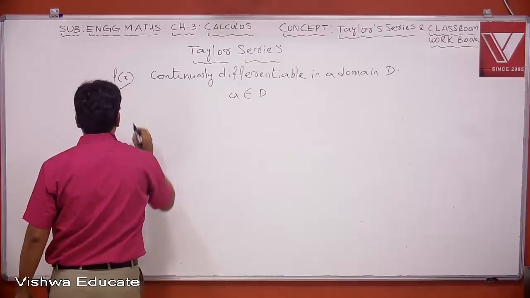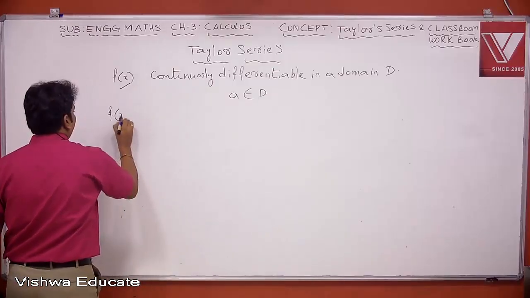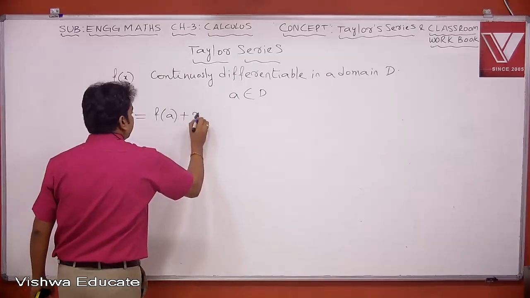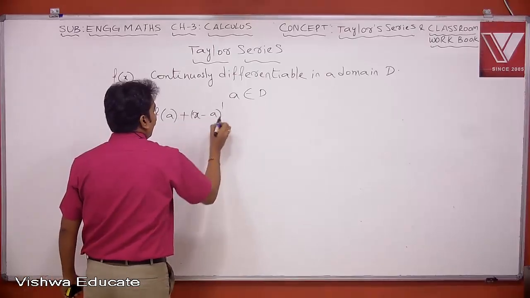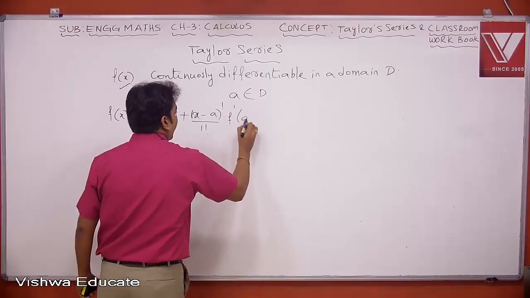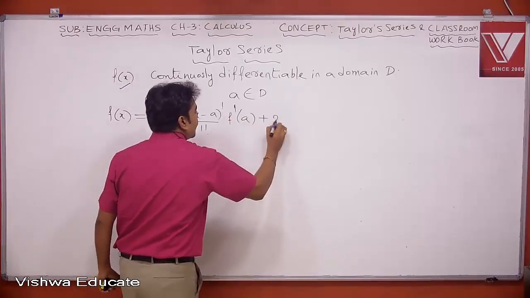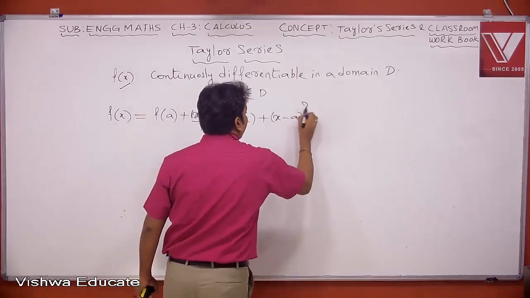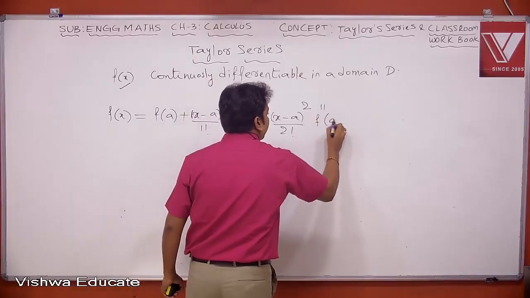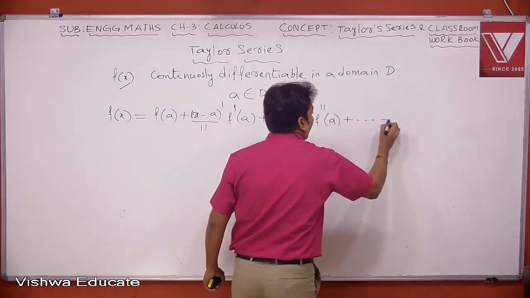Then this f of x can be represented like this. f of x equals f of a plus (x minus a) to the power 1 by 1 factorial into f dash of a, plus (x minus a) whole square divided by 2 factorial into f double dash of a, plus and so on.